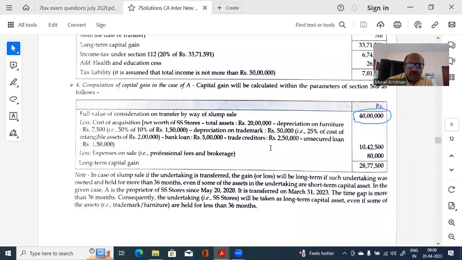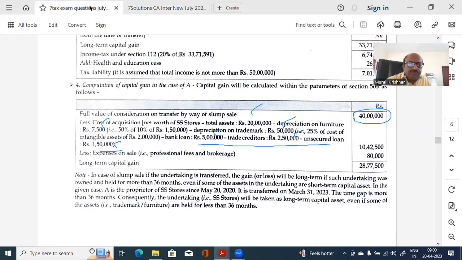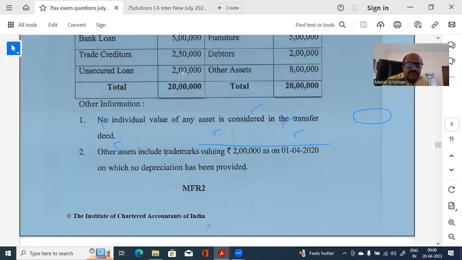So here, total assets is 20 lakhs minus depreciation not claimed, that they are claiming 7,500 on trademark 50,000. Then you get the revised total assets, because that is to be considered. From there, you reduce the liability. When you reduce liability, bank loan and trade creditors are okay, but only unsecured loan of 1,50,000 is considered. If you look at the problem, it was 2 lakhs, right?